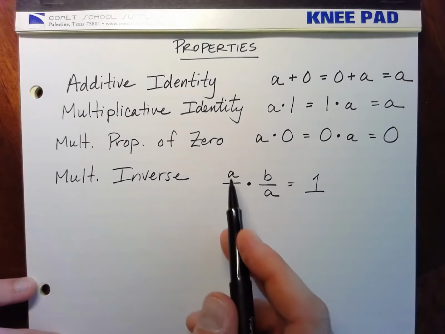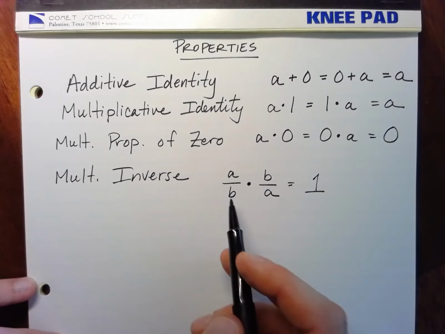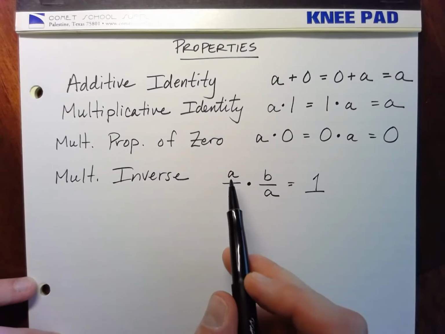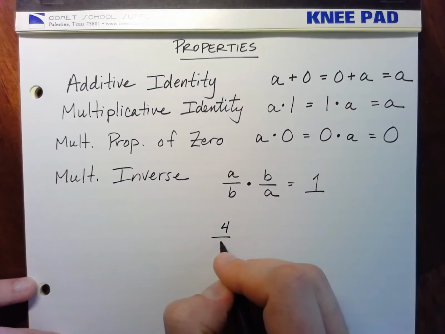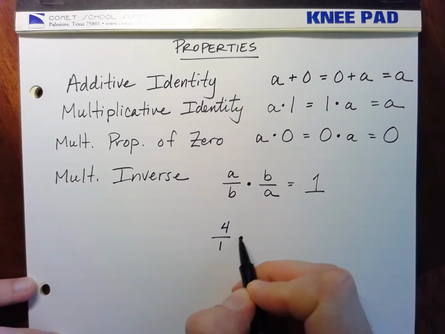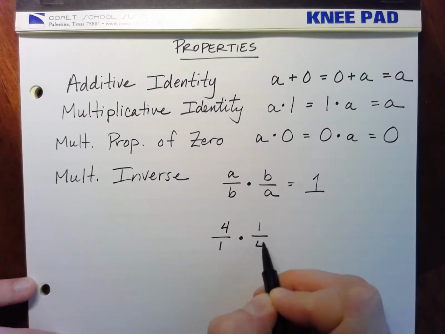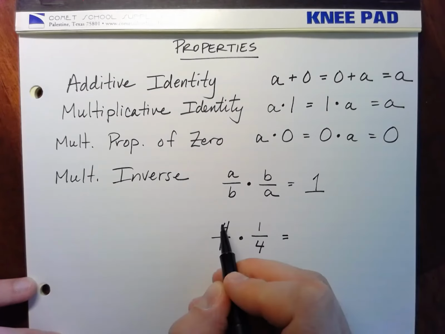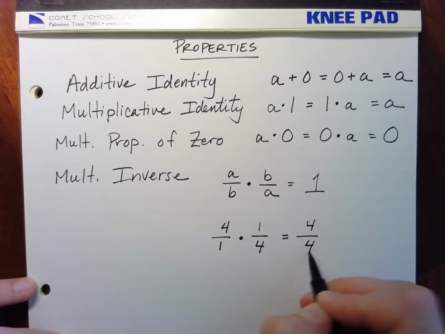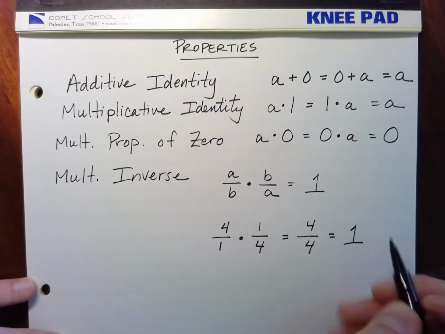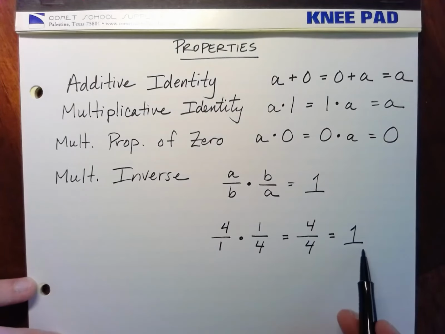Okay? So for example here, a and b are any numbers, and you could say that a is maybe 4 divided by 1. Well, 4 over 1 is just the number 4. But if I multiply that by 1/4, I'm going to get 4 times 1 over 1 times 4 equals 1. Any number over itself is 1.